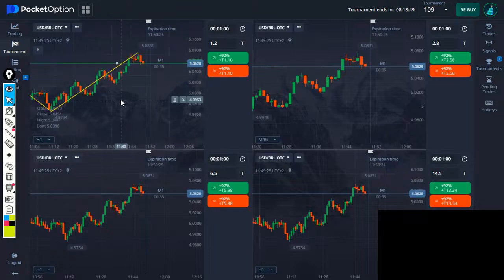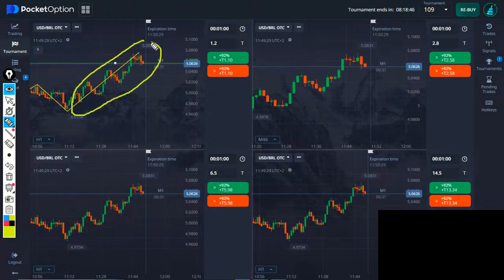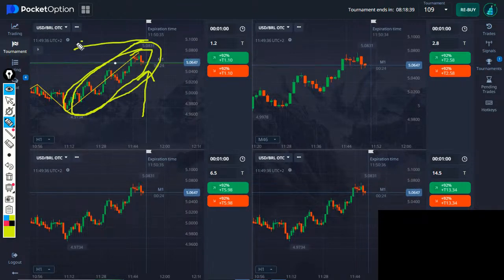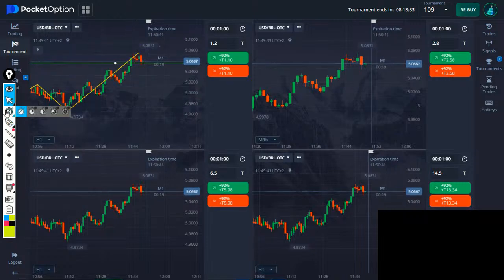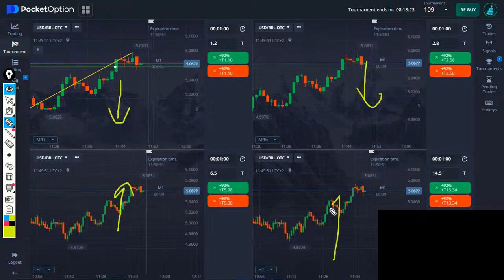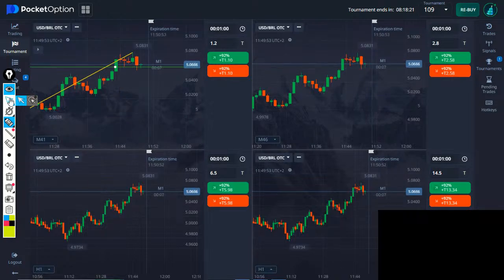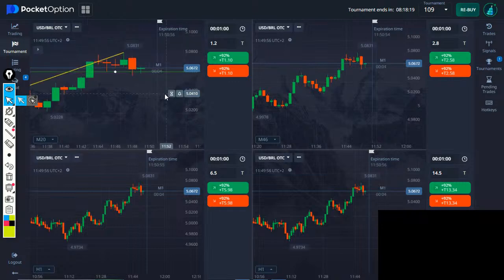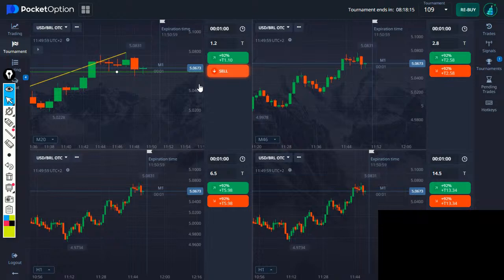Look how the zigzag helps us identify the strong surge. So that's it. You use the zigzag, you spot your surge, you go back to the left and see if you have any supply or demand zones nearby. So in this case, we'll do sell, sell, buy, and buy. Okay, 5 seconds, and we go for a sell.